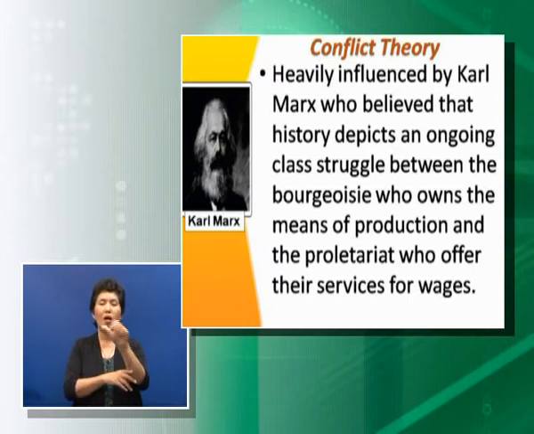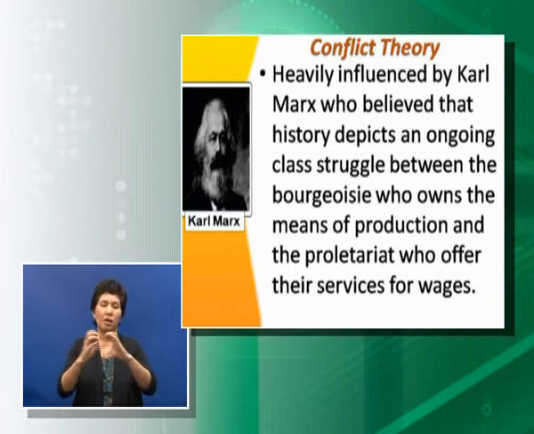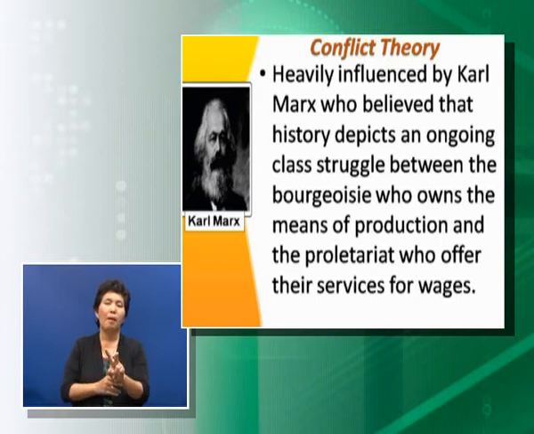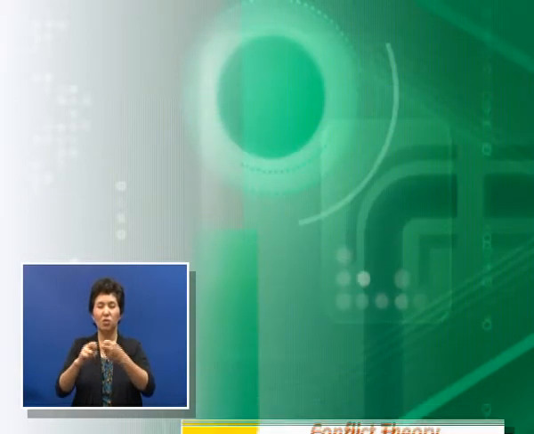Karl Marx believed that history depicts an ongoing class struggle between the bourgeoisie, who own the means of production, and the proletariat, who offer their services for wages. In this social conflict theory, groups within a capitalist society tend to interact in a very destructive way, which allows no mutual benefits and little cooperation.